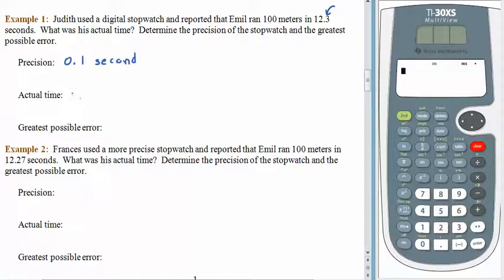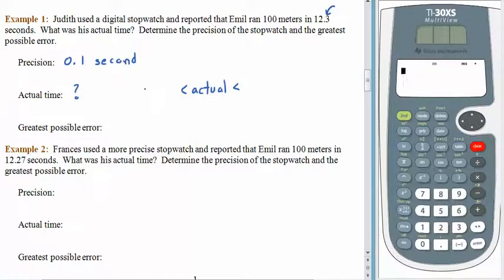Well, we don't know. What we do know is the bounds on it. When the stopwatch registers 12.3 seconds, what it's actually saying is that the truth is one of the possibilities of things that actually rounds to 12.3 seconds.